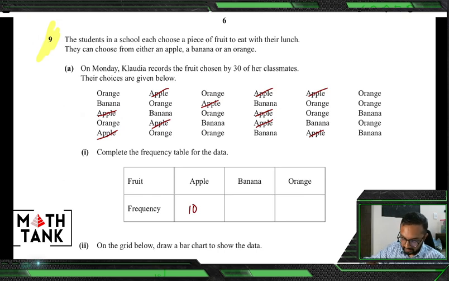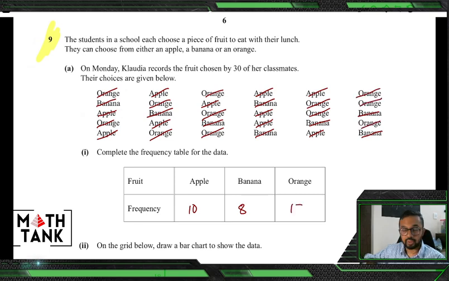Then for bananas, 1, 2, 3, 4, 5, 6, 7 and 8. So that means the other should be 12 because you have to add up to 30. Let's count: 1, 2, 3, 4, 5, 6, 7, 8, 9, 10, 11, 12.